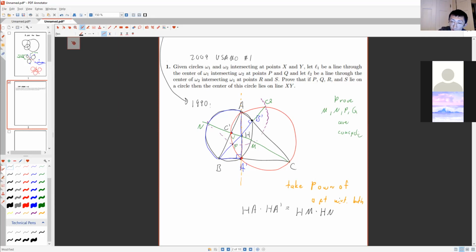We can see this by looking at the blue circle. This line times this line equals this line times that line by power of a point on the blue circle. On the other hand, if we look at the red circle, HA times HA prime is just HP times HQ, right? So that's the power of this point H with respect to the red circle.